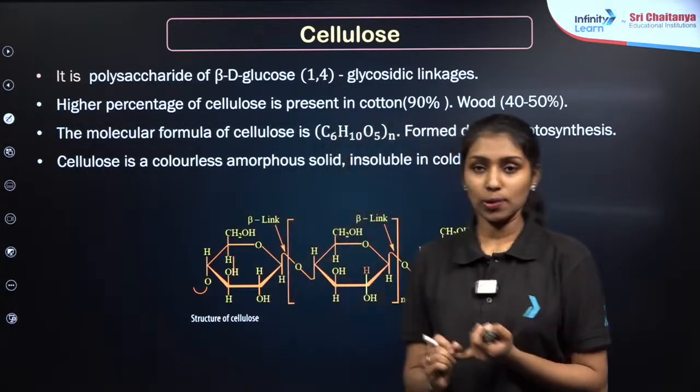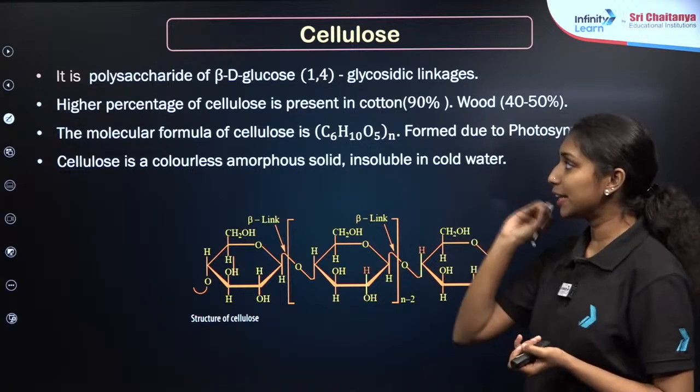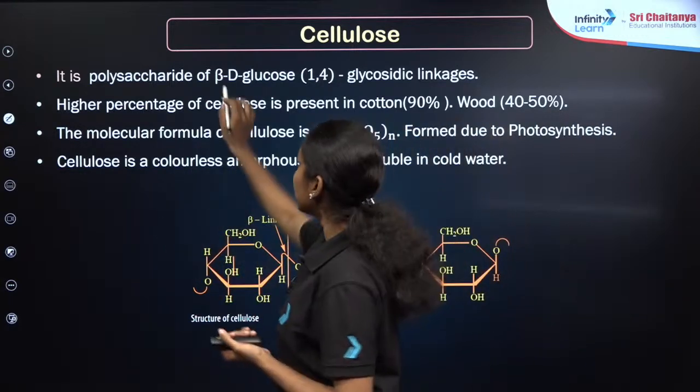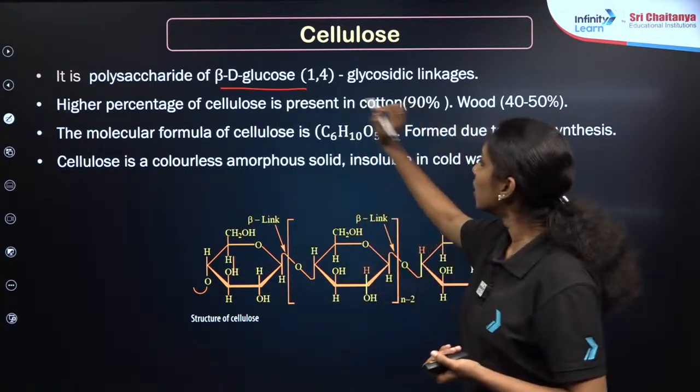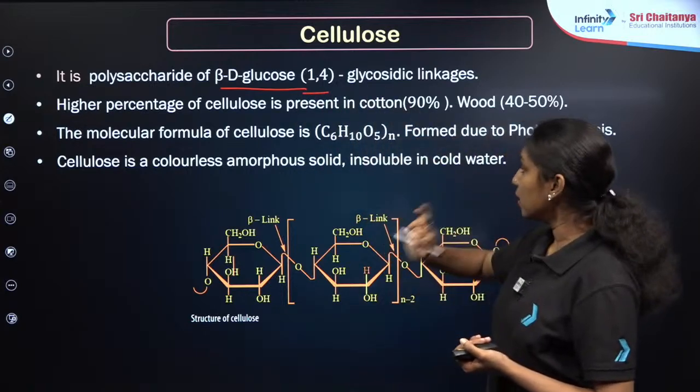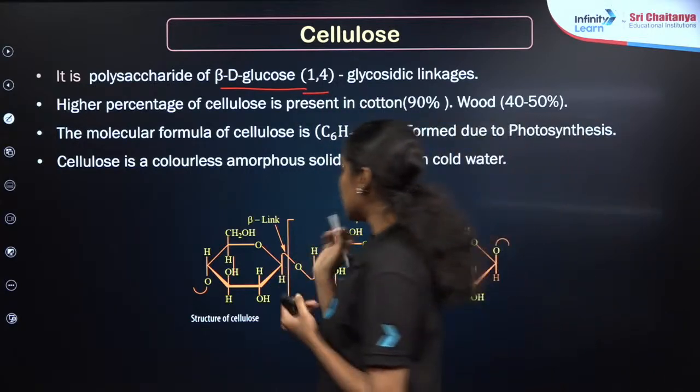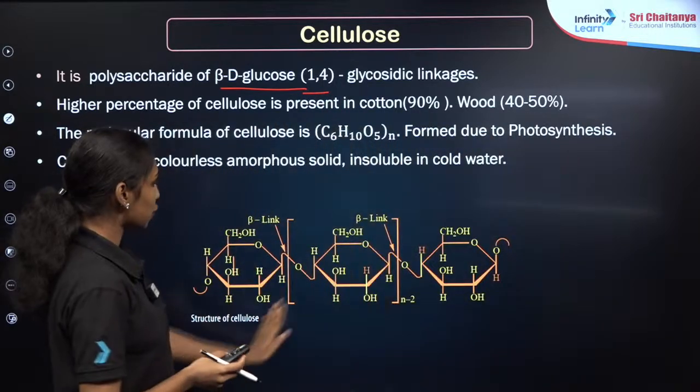Next, it is about cellulose. Cellulose is another type of polysaccharide. It contains beta D glucose units combined together. You can see over here the structure of beta D glucose.